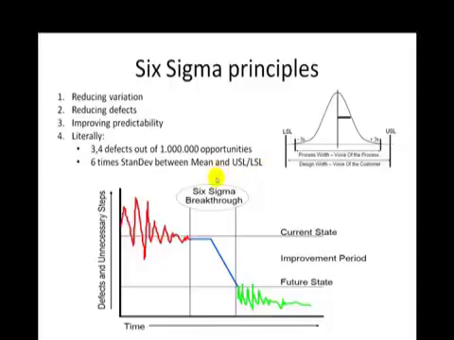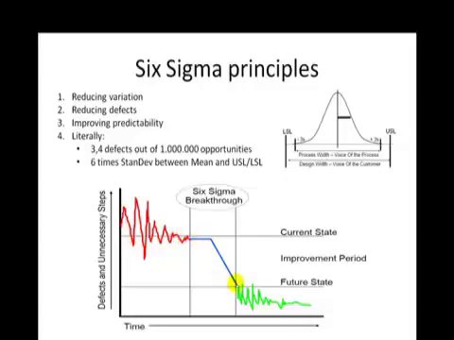With every Six Sigma project, we start with a high variation, like in this red line. On average, you have a high number of defects or mistakes or unnecessary steps in a process.